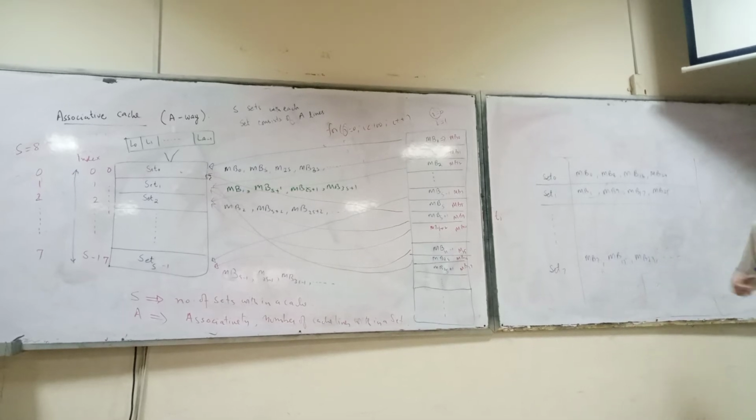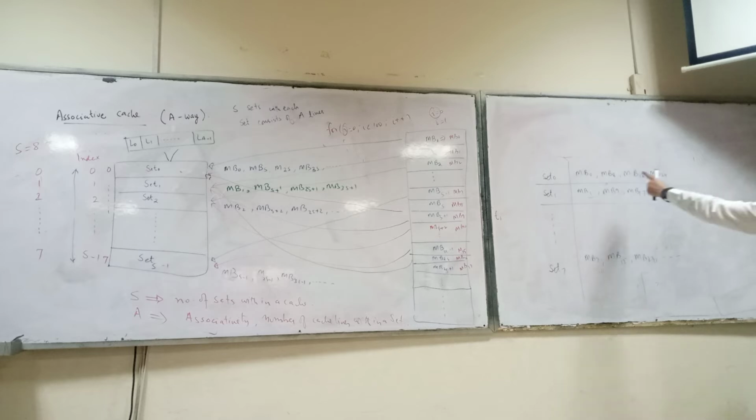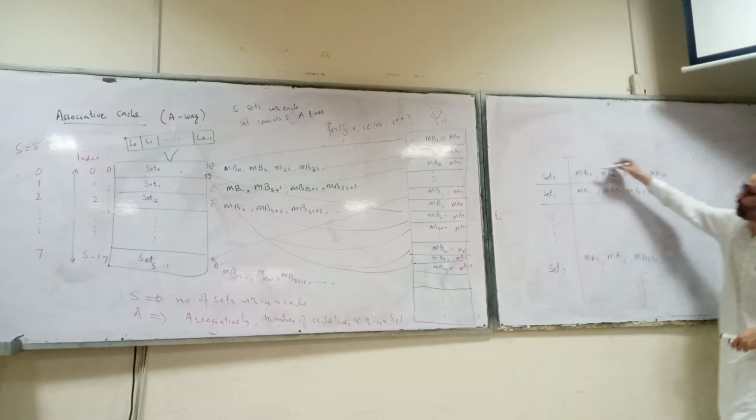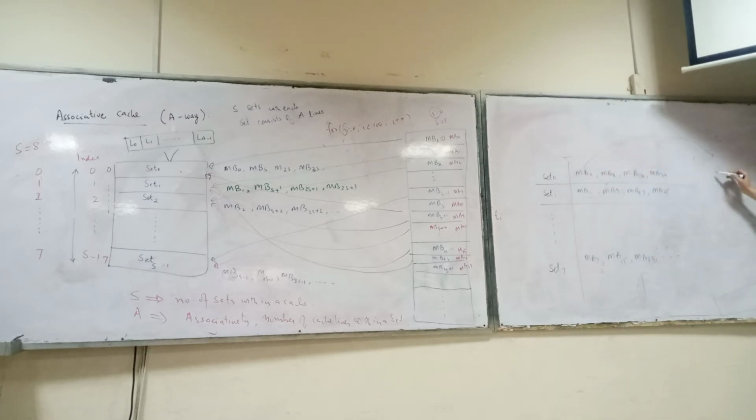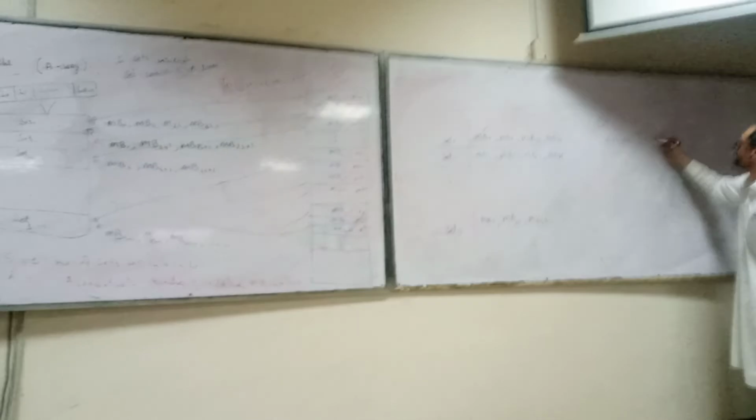Now, if you look at the binaries of each of these memory blocks, for memory block 0, ideally it will be 0, 0, 0, 0, 0, 0. I'm now writing the binary. Then what is the binary of 8? 0, 0, 1, 0, 0, 0.